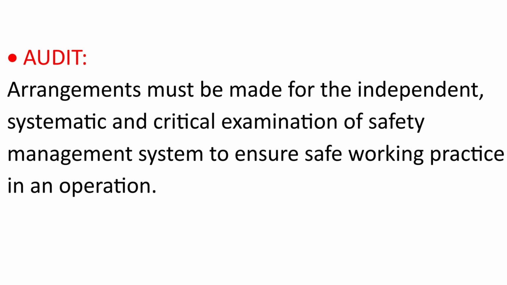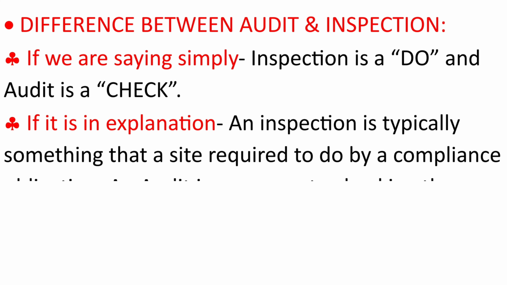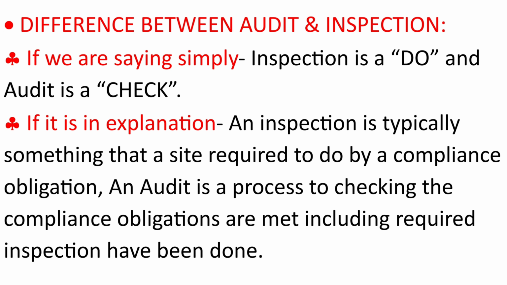Question. Audit. Answer. Arrangements must be made for the independent, systematic and critical examination of safety management system to ensure safe working practice in an operation. Question. Difference between audit and inspection.